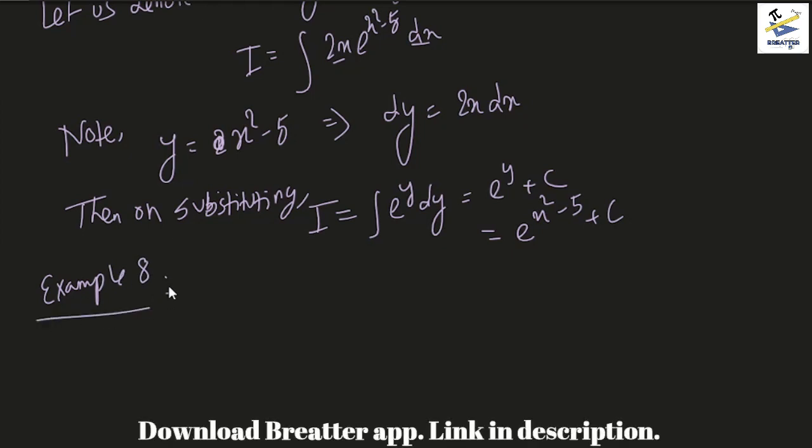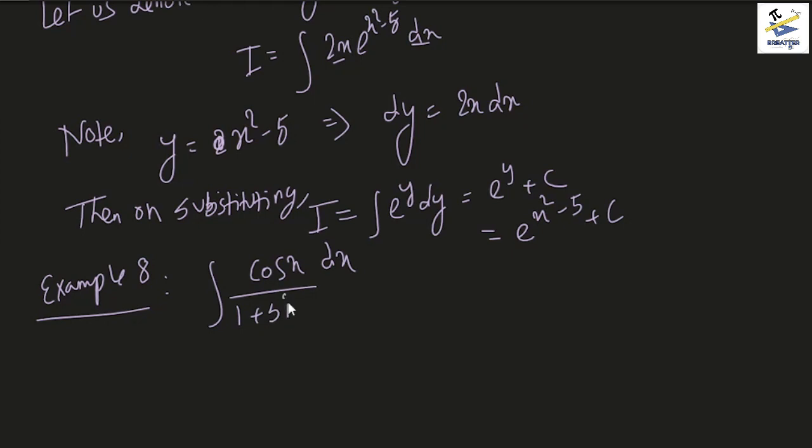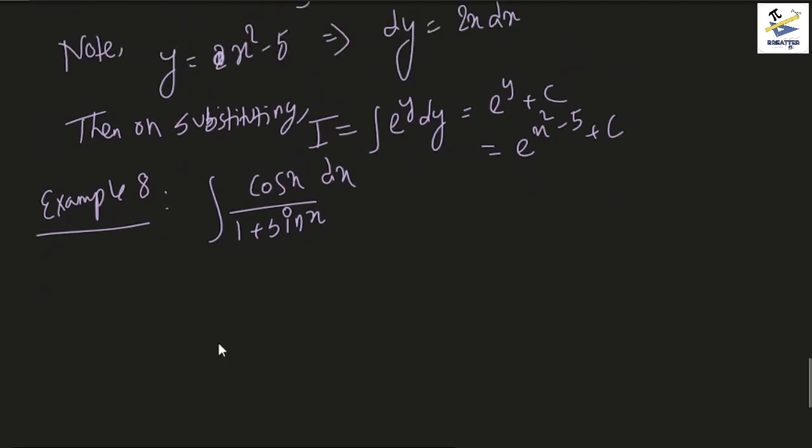example for this video. So let us do this problem where we have the integral of cosine of x dx by 1 plus sine x. So this one looks a bit more tedious than before, but note that d/dx of sine x is just cos x, right?